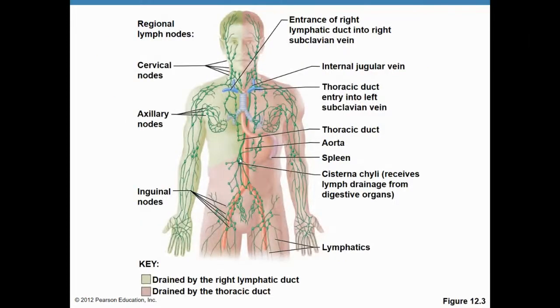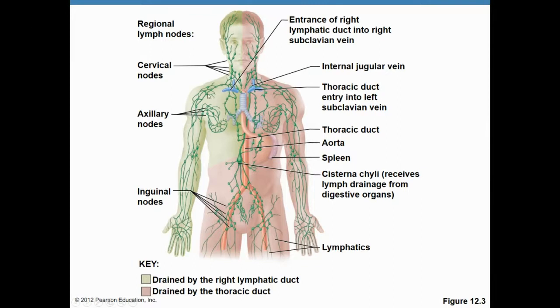So here we can see the way that the lymphatic vessels and the lymph nodes are set up. What you see shaded in green on the left side of the picture, but the right side of the patient's body, is the entire region that is drained by our right lymphatic duct.